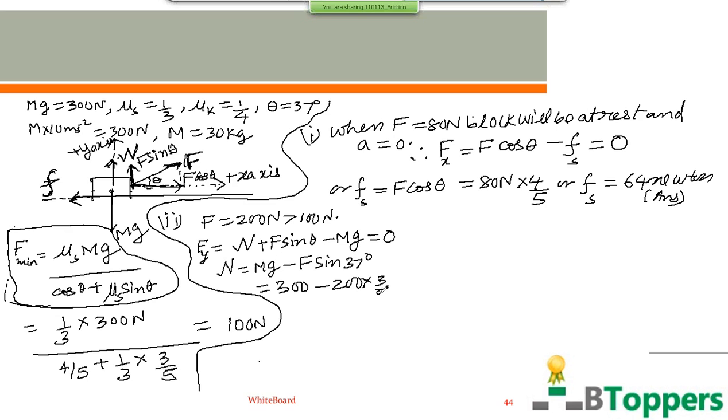Sin 37 degrees is equal to 3 by 5. So you can simplify this to calculate the magnitude of the normal reaction on the block, which will be equal to 180 newtons.